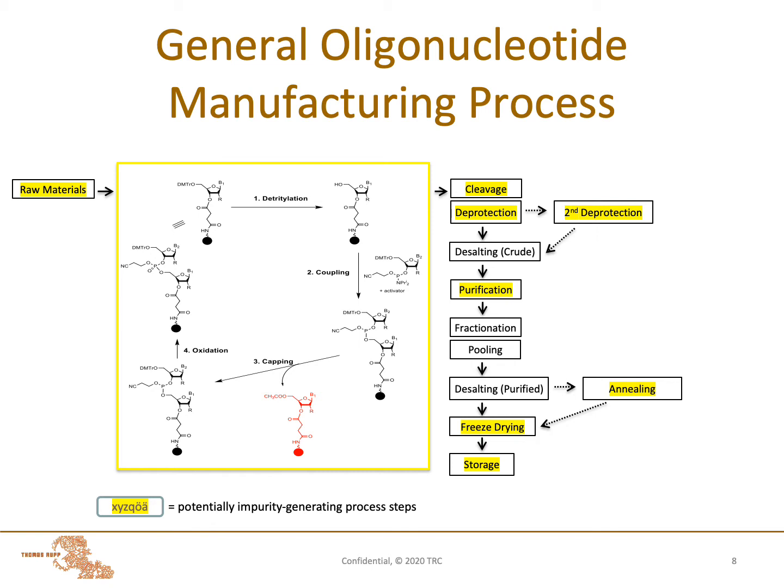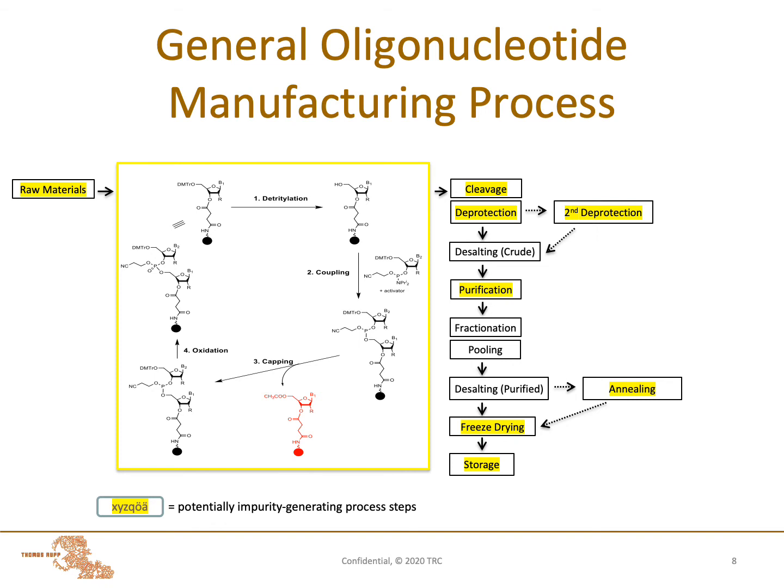You've got a purification, fractionation, pooling, second desalting, annealing, if it is an siRNA, freeze drying, and finally the storage. All the yellow highlighted steps could create impurities.